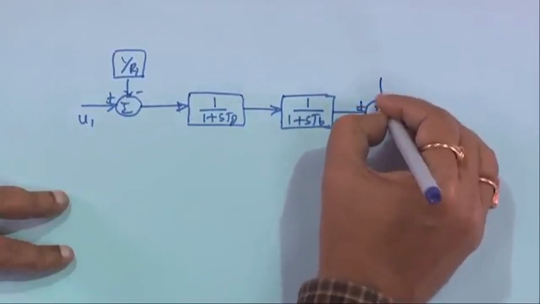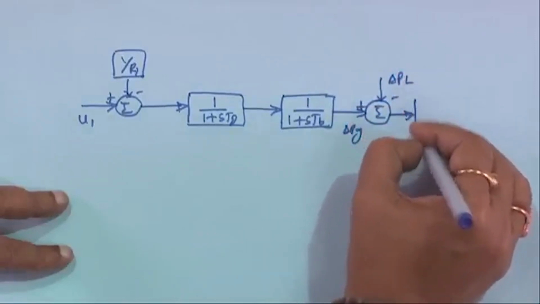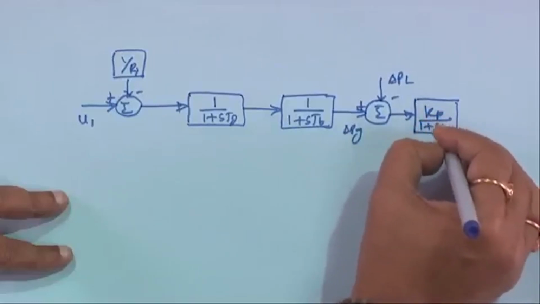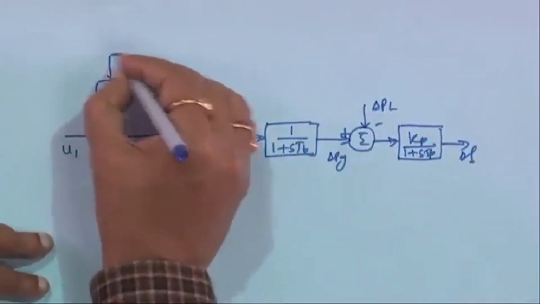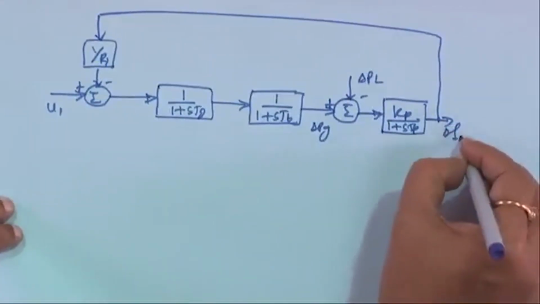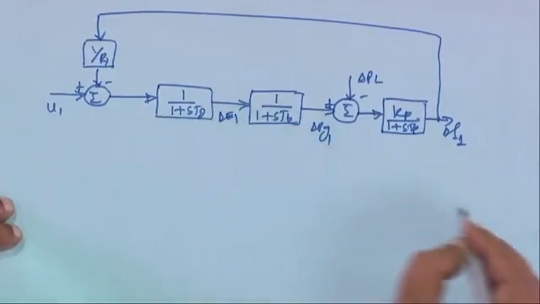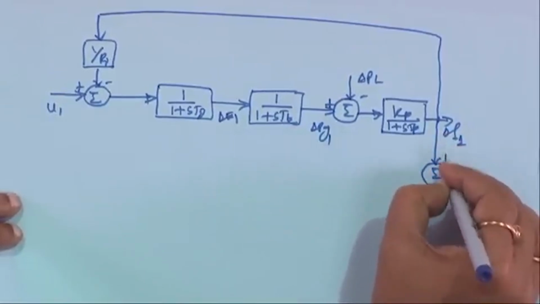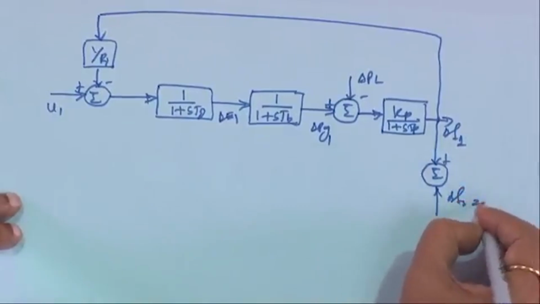This is plus, this is minus delta PL, and this is Kp upon 1 plus s T_P, and this is delta F. It is coming from here, and next this is delta F1. Say for example, I can put delta Pg1. Say this is delta E1. And this side the tie line will be there. This is plus, and this side delta F2 is equal to 0, minus.